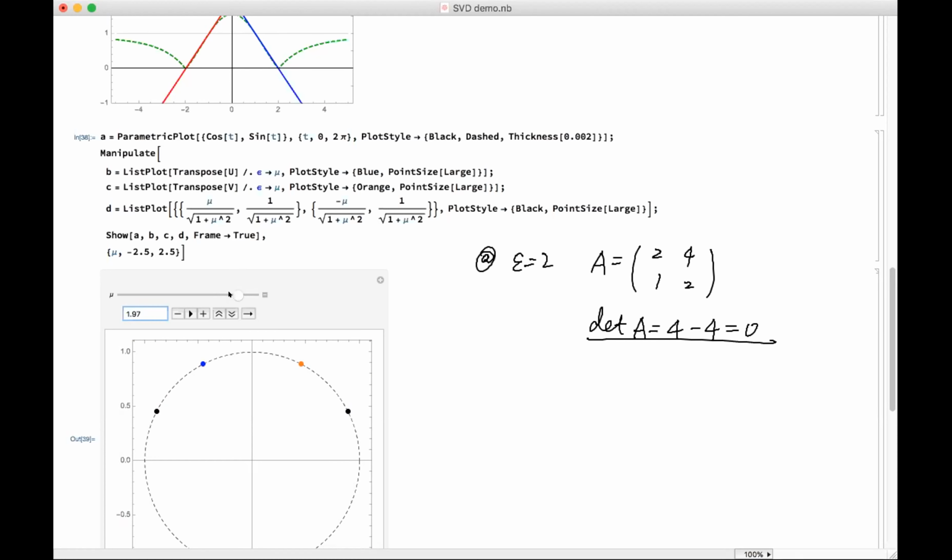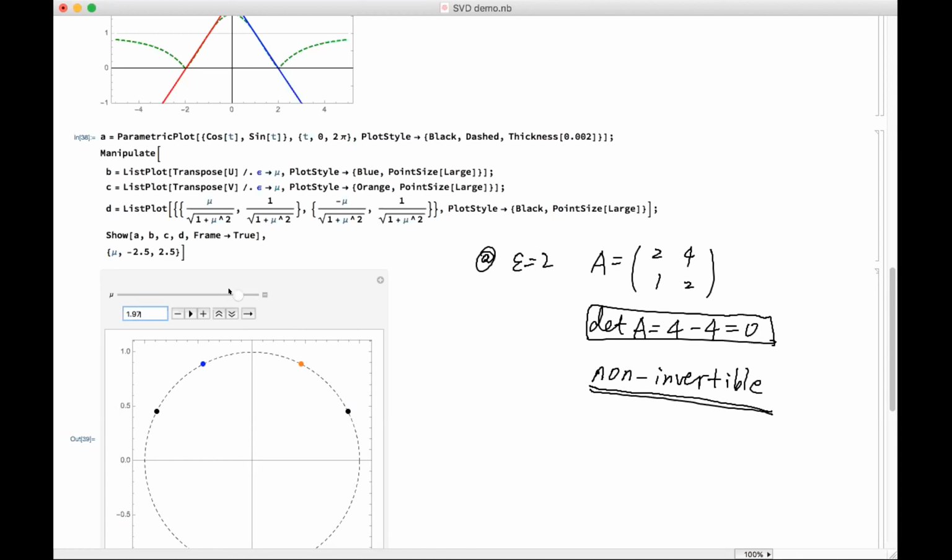That's why the computer returns an error. So 2 is actually a singular point where A is non-invertible. But like I said, A is still diagonalizable, but it's non-invertible at epsilon equal to 2.